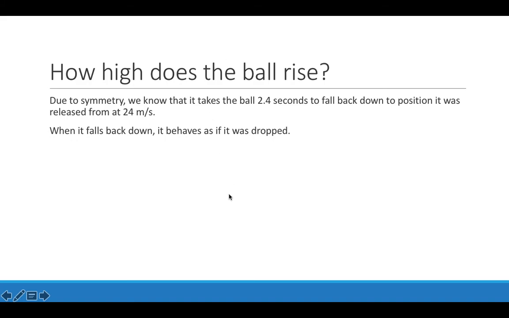So if we want to know how high it rose to get to that point, we can see how far it actually fell from the top point. And so we can use the fact that the distance that the object falls depends on the time that it is in the air. And we know the time it's in the air from the very top until just before it hits the ground is 2.4 seconds.